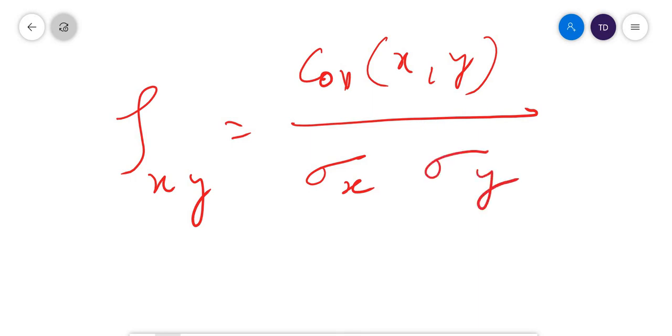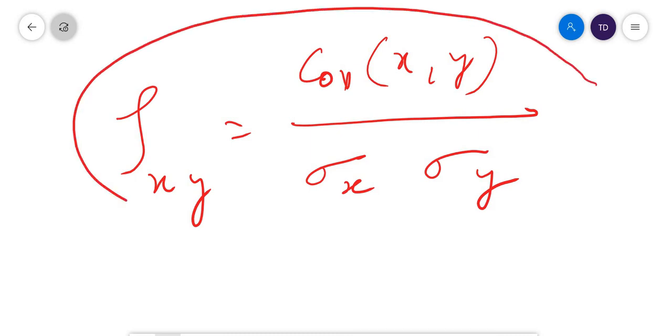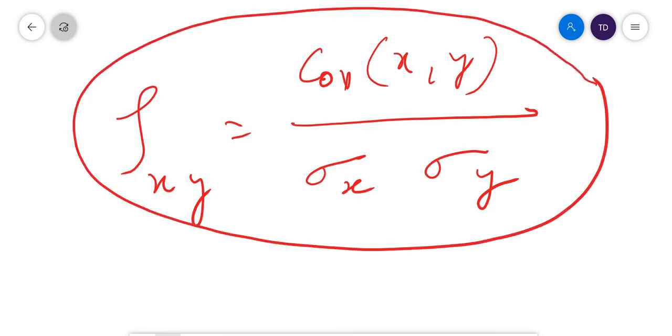This is a very important equation. It is covariance of x, y divided by standard deviation of x into standard deviation of y. When you calculate using this equation, you get 1, minus 1, 0, 0.2, all these values.